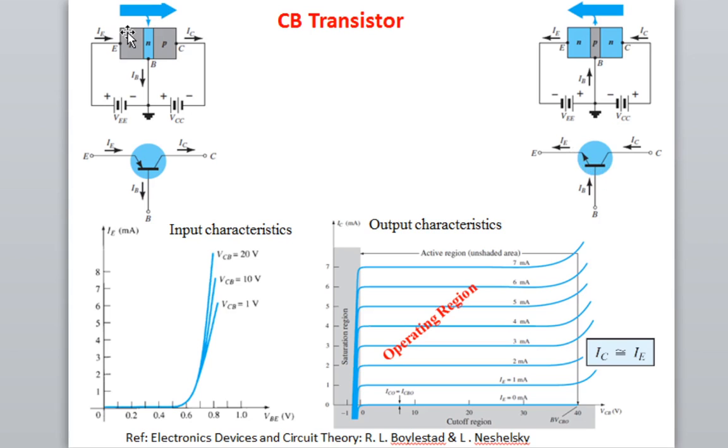In case of a PNP transistor, the pointer on the emitter is inside, so this is called a PNP transistor, and if the pointer on the emitter is in the outward direction, that is known as the NPN transistor. So this is the emitter, and obviously the second is the collector, and this is the base. So emitter, base, collector, emitter, base, collector.